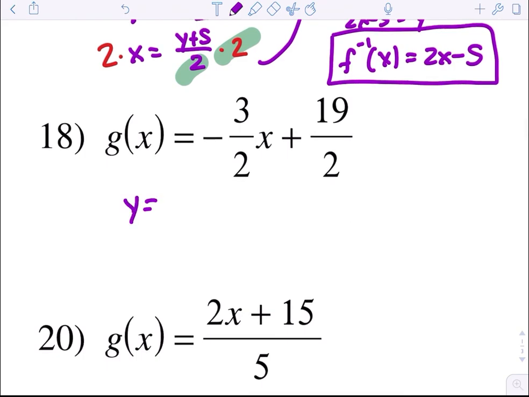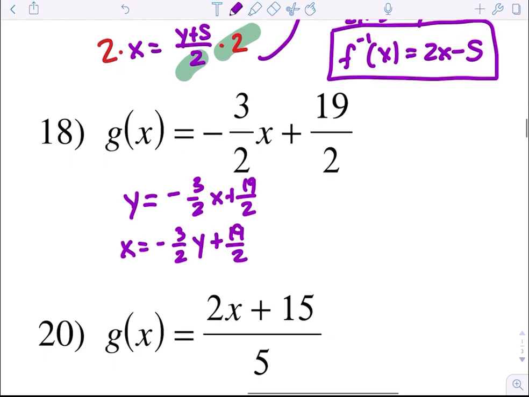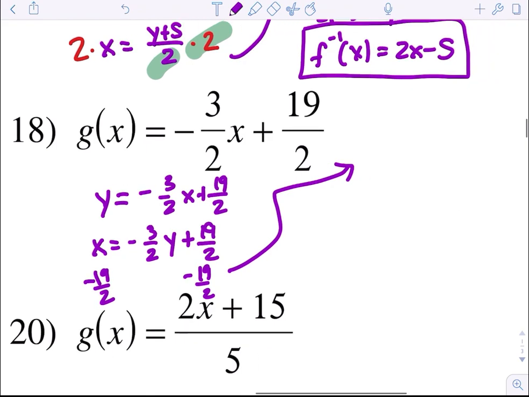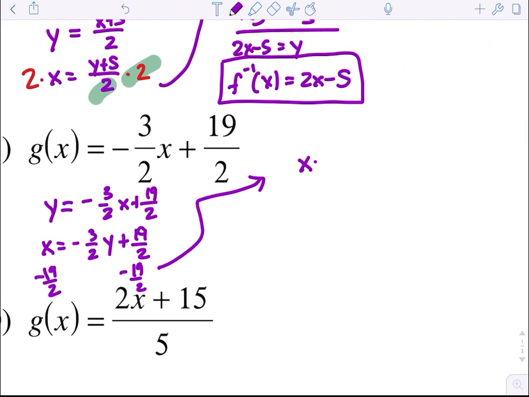Change g of x to be y. Switch your variables, so x is equal to negative 3 halves x plus 19 over 2, and that should not have been an x, that should have been a y. Now solve for y, so subtract 19 over 2 from both sides. So x minus 19 over 2 is equal to negative 3 halves y, multiplied by the reciprocal.